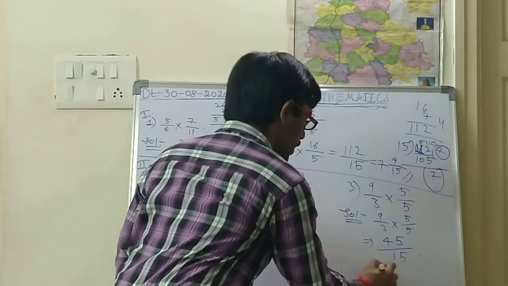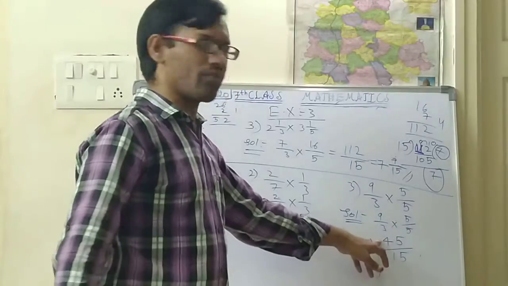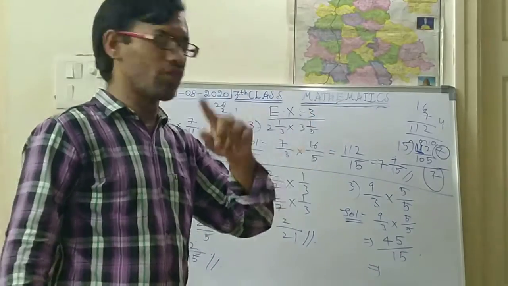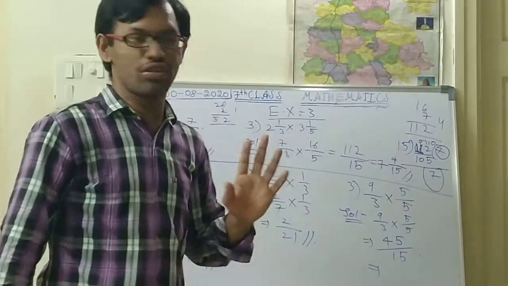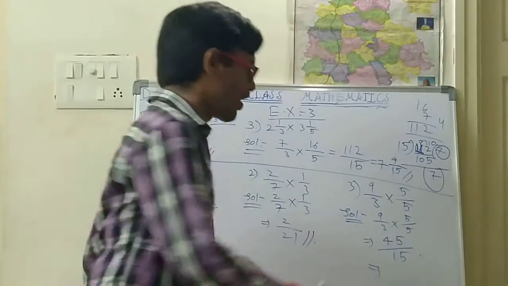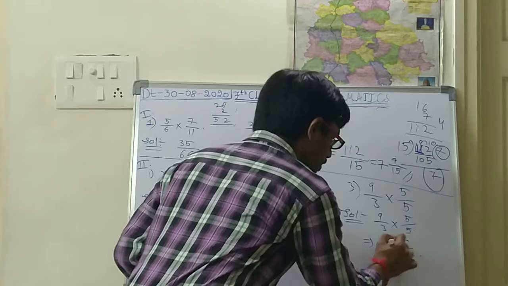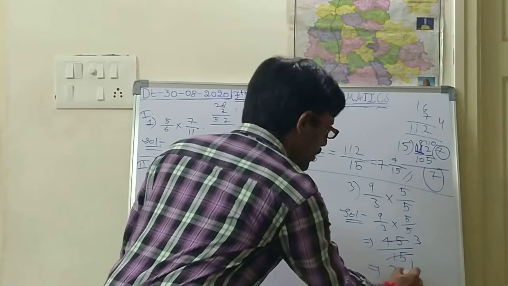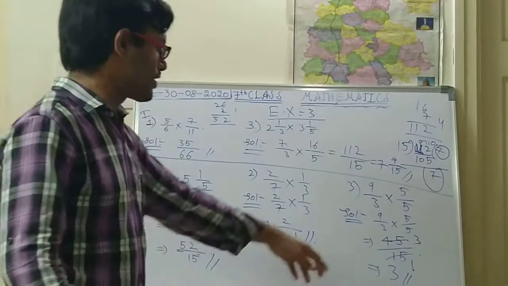Is it right? In the 15 table, 45 will go. Is it right, children? 15 3s are 45. If you know the 15 table, it is very easy. So 15 3s are 45. So cancel. 15 1s, 15 3s. So 3 by 1 means the answer is 3 only. So the final answer is 3.